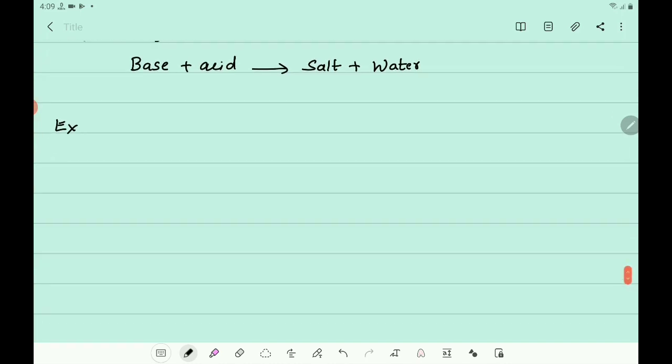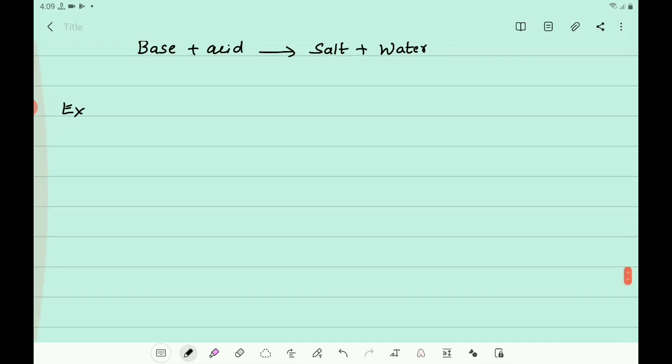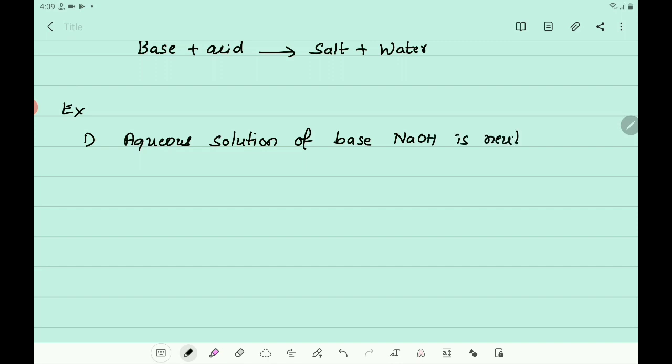The aqueous solution of base NaOH is neutralized by aqueous hydrochloric acid. So you take one example: aqueous solution of base NaOH is neutralized by aqueous hydrochloric acid.